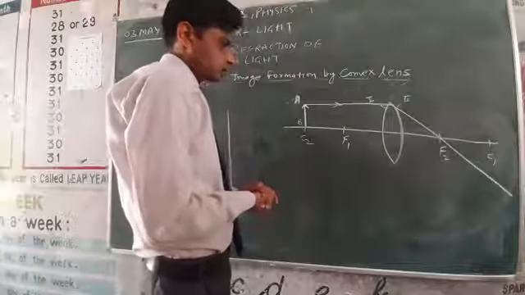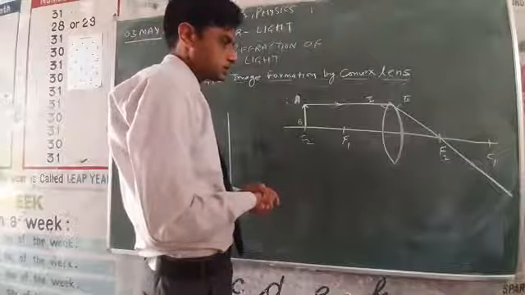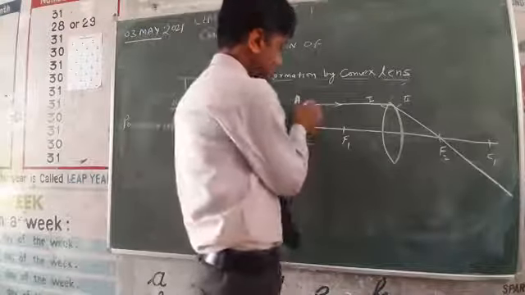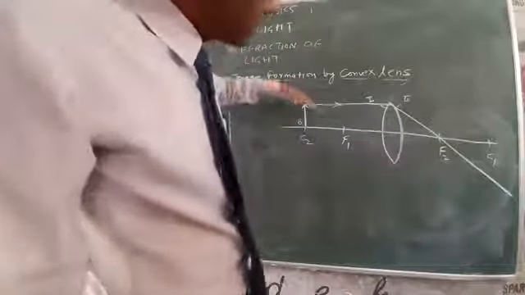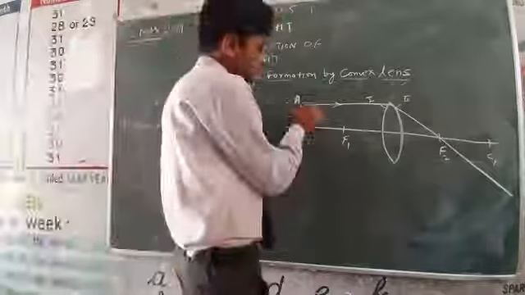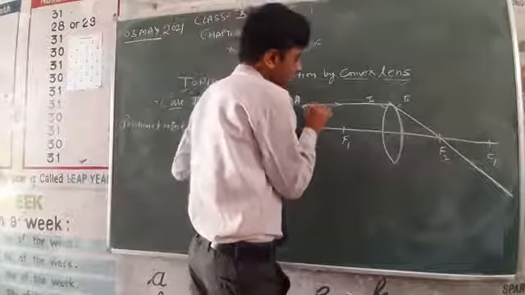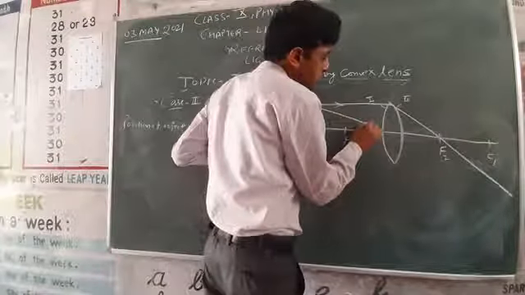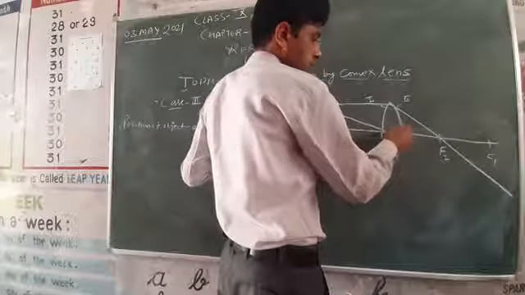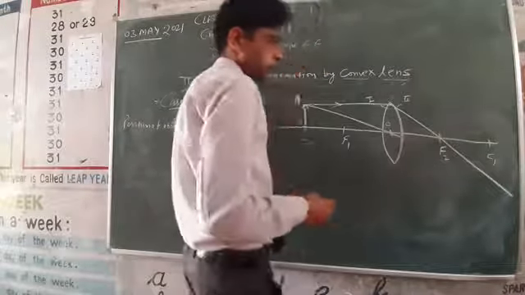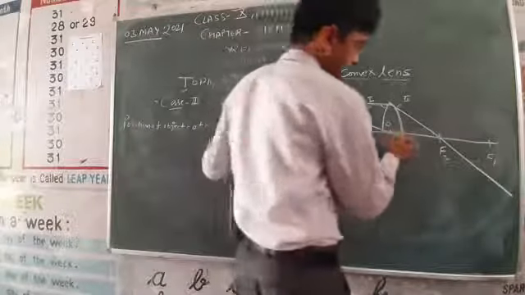Let a second ray of light travel through focus. You can take the second ray of light through F1, or you can assume the second ray of light travels through the optical center O. This is the optical center.